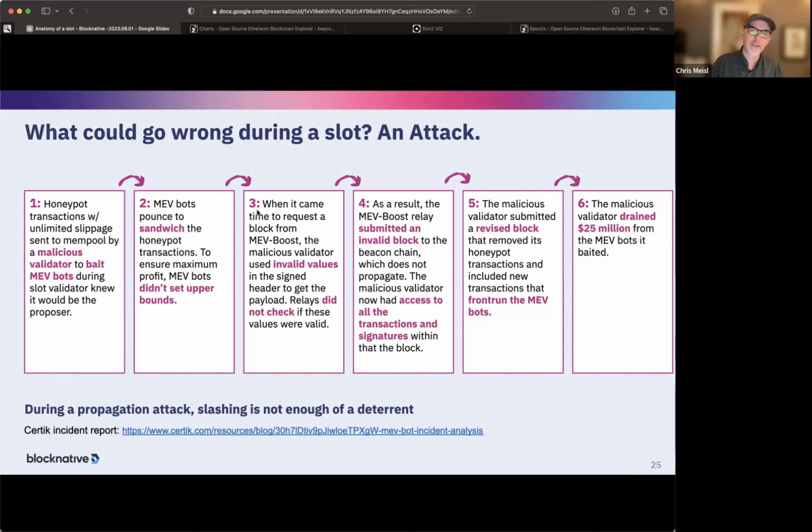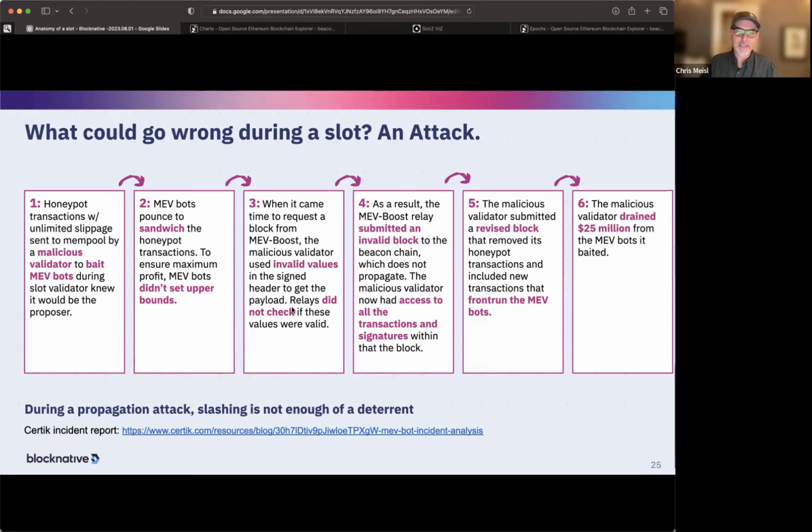So the malicious validator then signed the header that had this juicy block, but they did it a little bit incorrectly, in a way that they knew the relays wouldn't check quite right, because the relays are all open source software, and they could look at that and say, okay, there's a vulnerability there. So they did that.